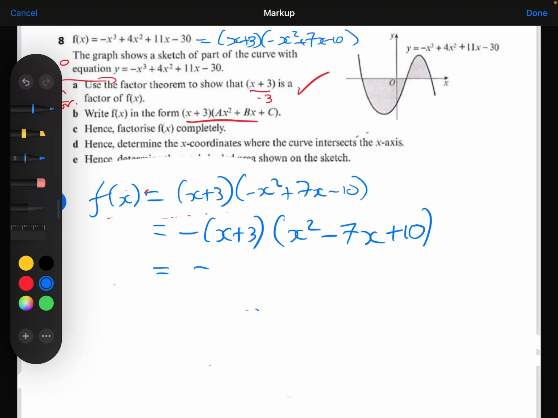And that's useful then because I've got this quadratic that can then be factorised easily into an x minus 2 and an x minus 5. So there we go. That is part C of this question done. We have factorised this quadratic completely and got this.